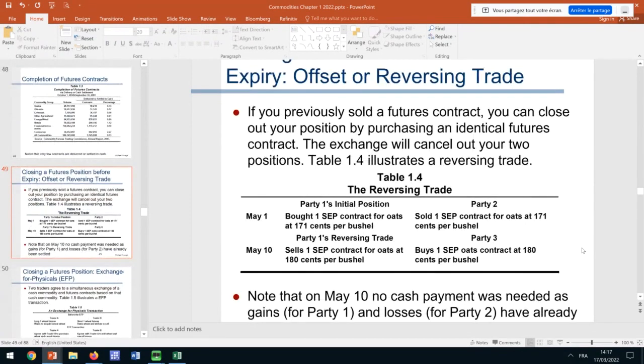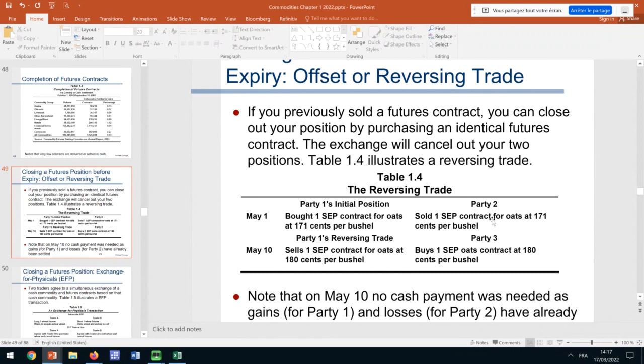Here you have a simple example. It would be obvious, I've just explained it. Say you bought oat contracts at 171 cents per bushel, delivery in September.